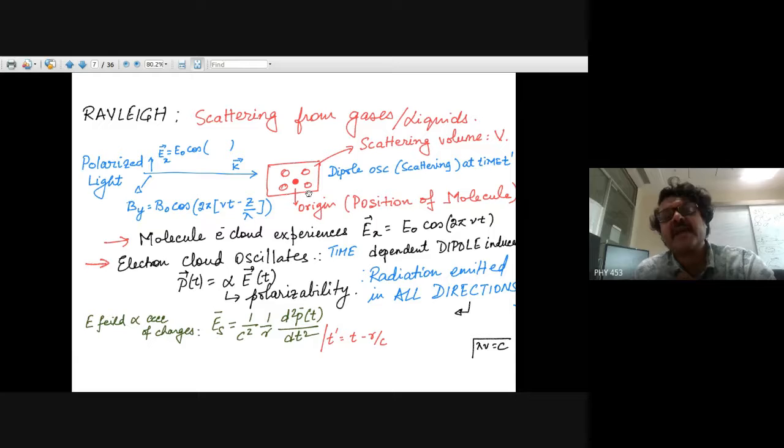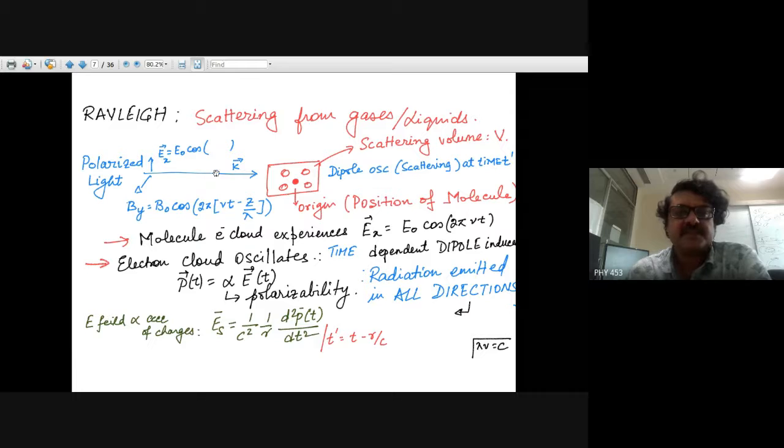And this gets scattered in a scattering volume. The light is incident and is focused in a certain region of space, which we call the scattering volume V. Suppose it is coming and hitting a particular molecule here, and we set the origin at the position of that molecule.